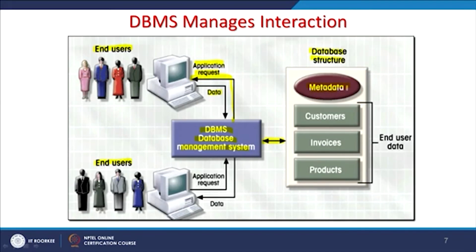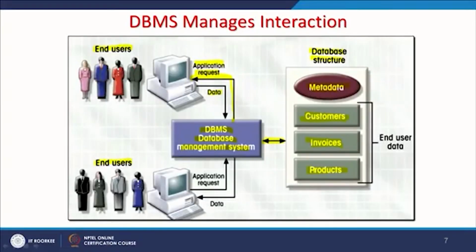Of course, it will have metadata, the customers being handled, the invoices, depending on the organization. This example is from a sales organization, and then products. So, a company, say an online company which is supplying certain items. And again end user data is here. So, that is being maintained; it is a typical database management interaction which we see here.